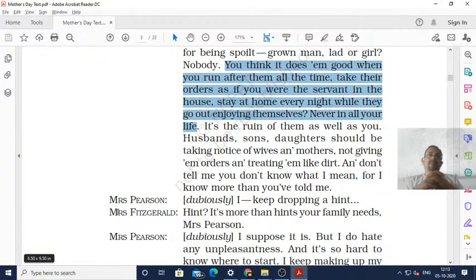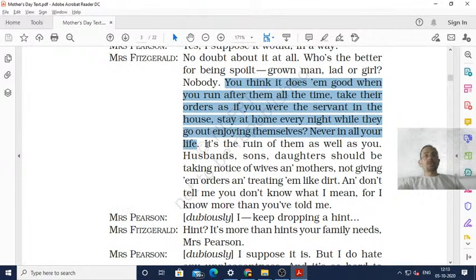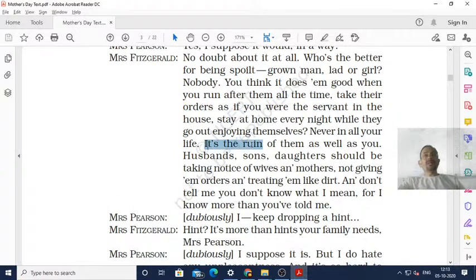It's the ruin of them as well as you. Husbands, sons, daughters should be taking notice of wives and mothers, not giving them orders and treating them like dirt. Mrs. Fitzgerald is trying to explain to Mrs. Pearson that it's the ruin of them as well as you.